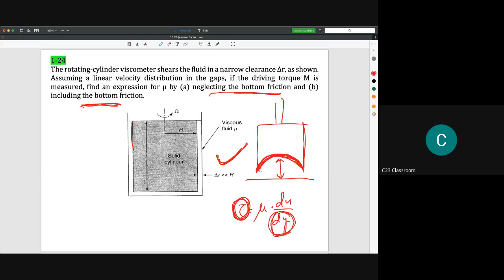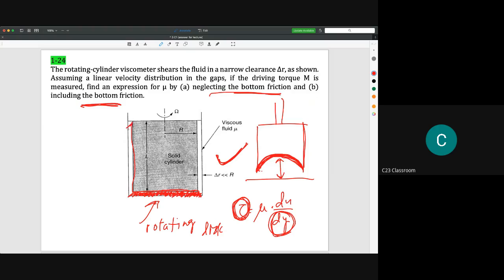But if you have this other situation, you will find at the bottom there is a specific gap. That means you cannot neglect the viscous effect at the bottom. So what you need to do is calculate the bottom part as a rotating disc.